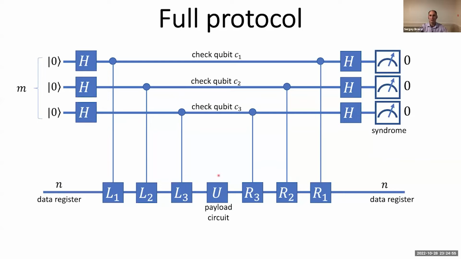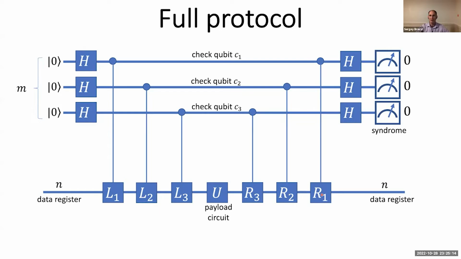But of course, errors happen everywhere, including in Pauli checks themselves. And the worst case scenario is when an error happens in some of the outer Pauli checks, like L1 or R1.